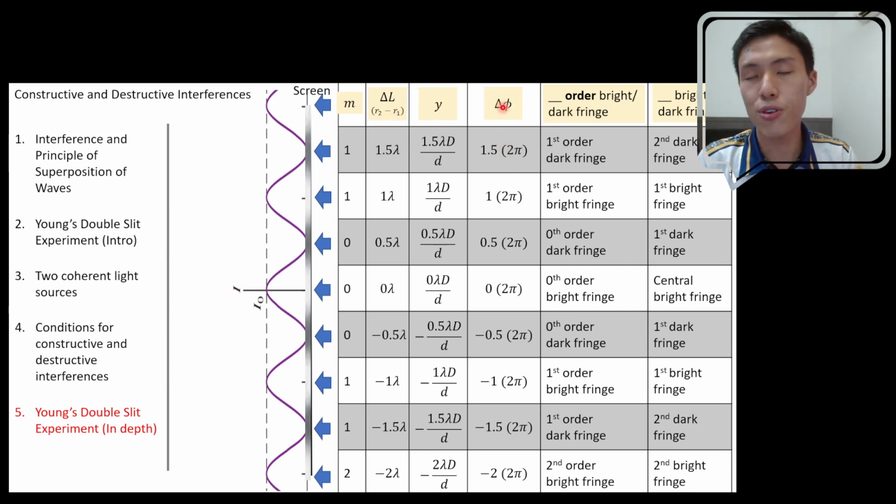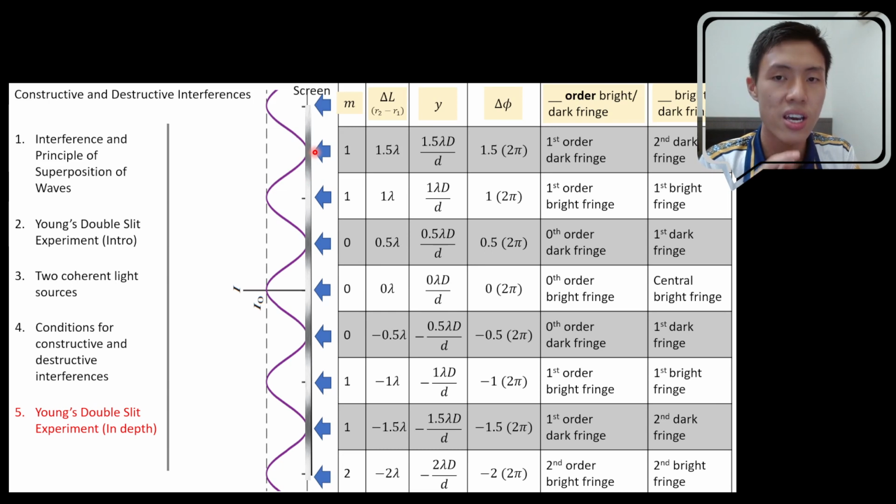So there are a few important things in this video. One is you have to differentiate whether there's a word order or no order in front of your bright fringe numbering. If there's a word order, use the value in front as m. If there's no word order, you have to count carefully in order to know where the fringe is and what m to use. You need to be extra careful when we involve dark fringe.